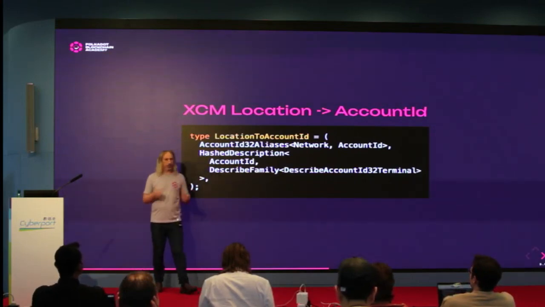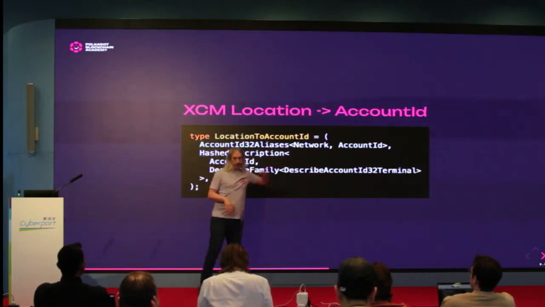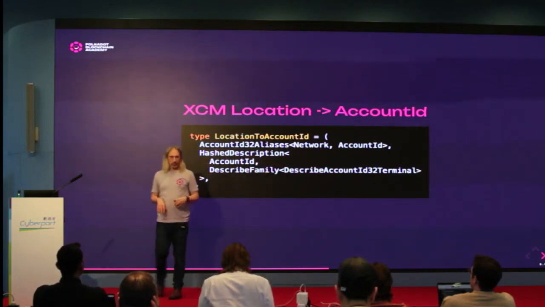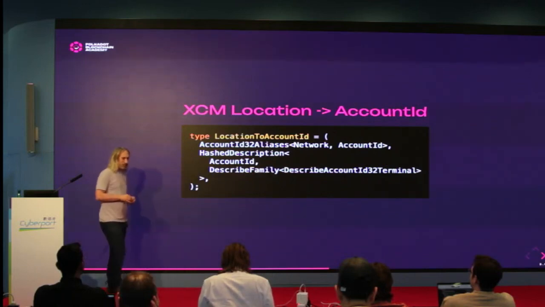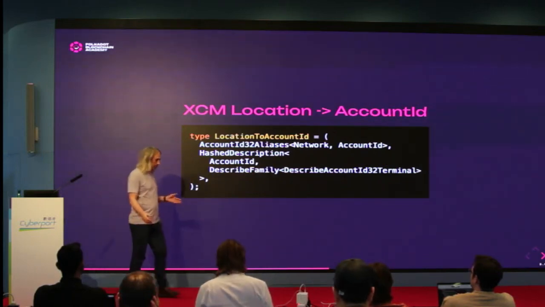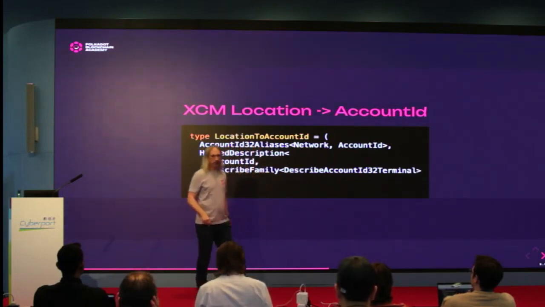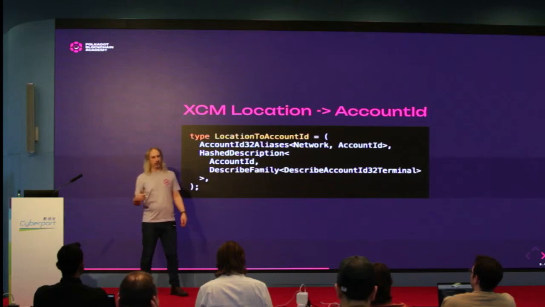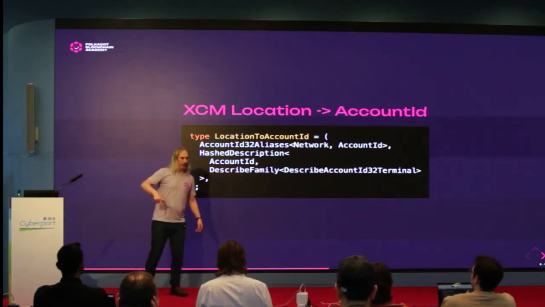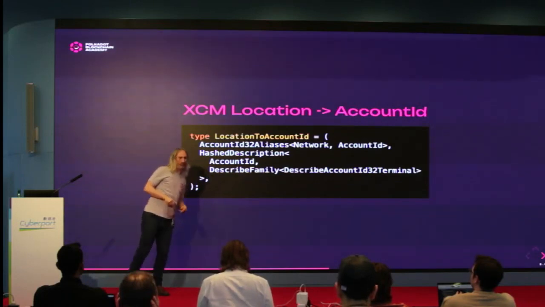If you have two different XCM endpoints, not to mention a local endpoint, that can control the same account ID, then confusion can occur because someone says, well, hold on, stuff's been transferred, but I didn't do it. And it's like, oh yeah, that's because some other logic that was happening elsewhere sent an XCM which withdrew funds.